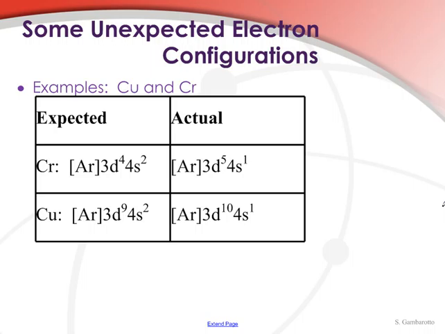Alright, some unexpected electron configurations are copper and chromium, and we're going to talk about why. For chromium, if we just follow the rules I've taught you so far and write out the electron configuration, you'll see it's got a 3d4 and a 4s2. But in reality it's 3d5 and 4s1. So we take an electron from the 4s subshell and put it into the 3d subshell.